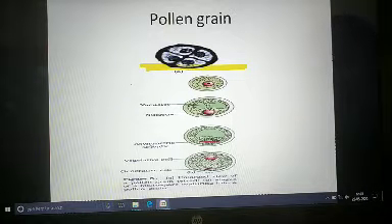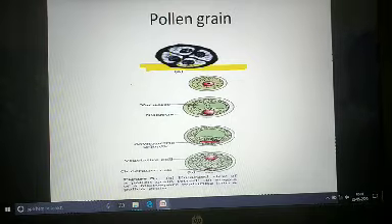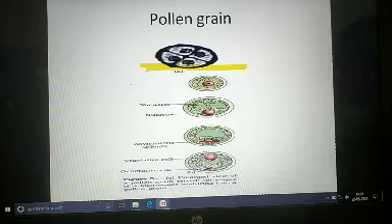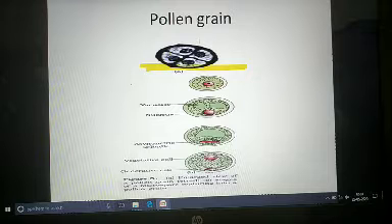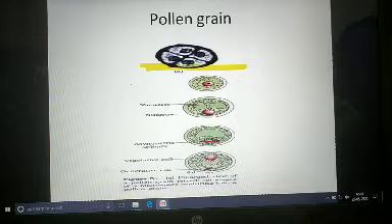Callose is a polysaccharide which helps in the attachment of the 4 pollen grains together. There is an enzyme called callase. This enzyme helps in the detachment or separation of the pollen grains.